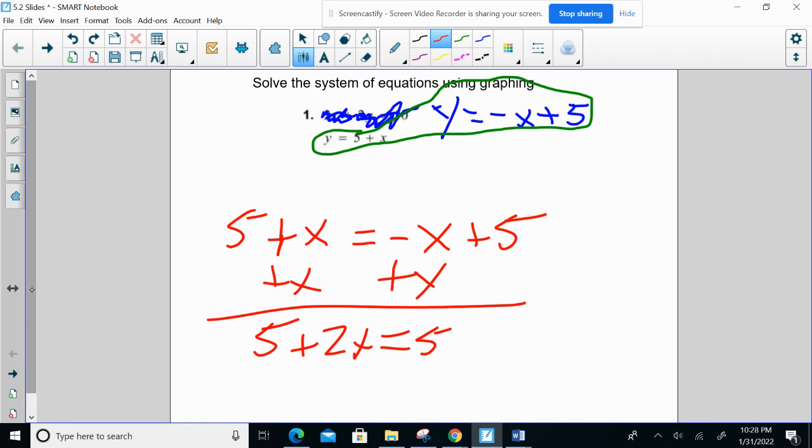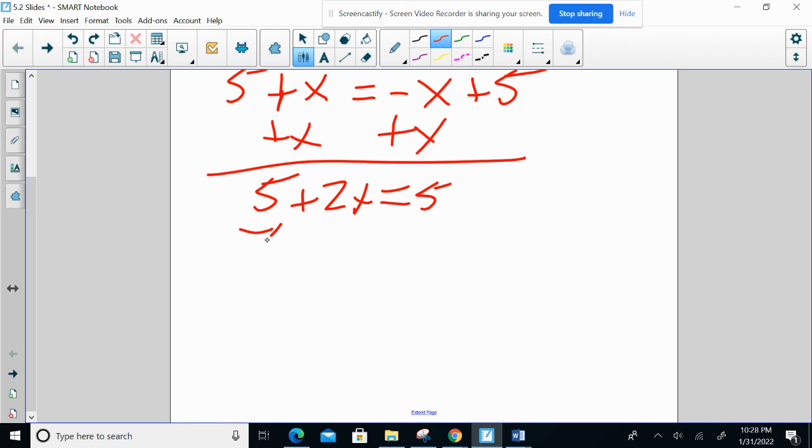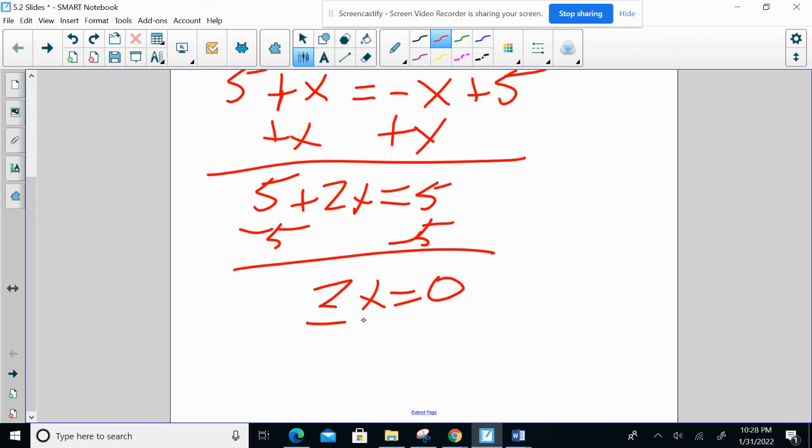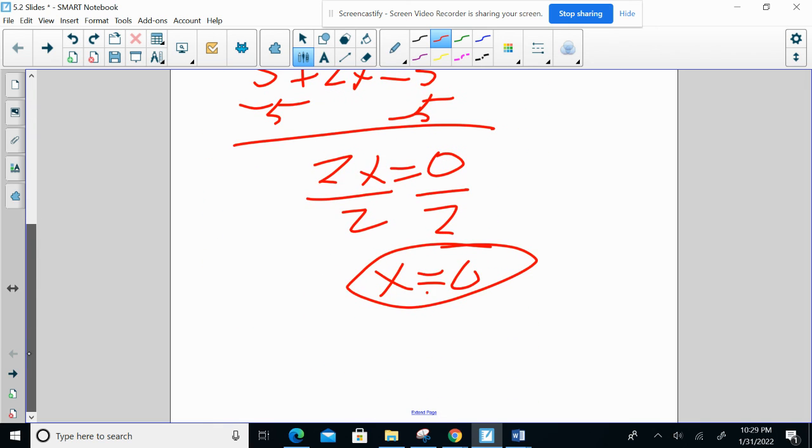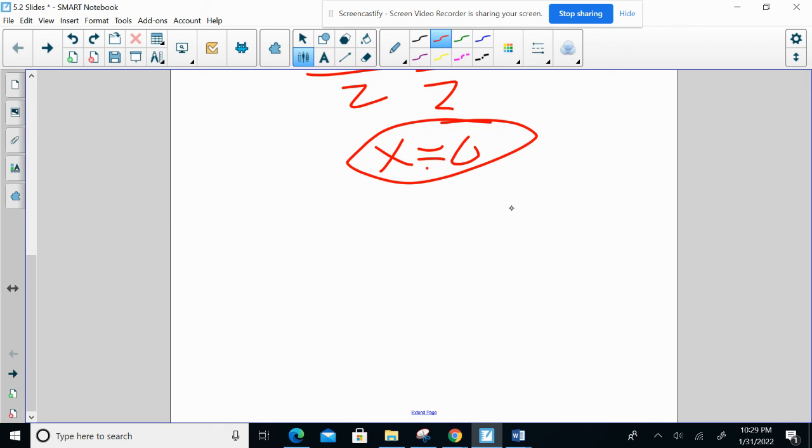Solve the equation. X equals 0. That makes sense. We said 0, 5 was the answer when we graphed. You found the x. Now you have to find the y.